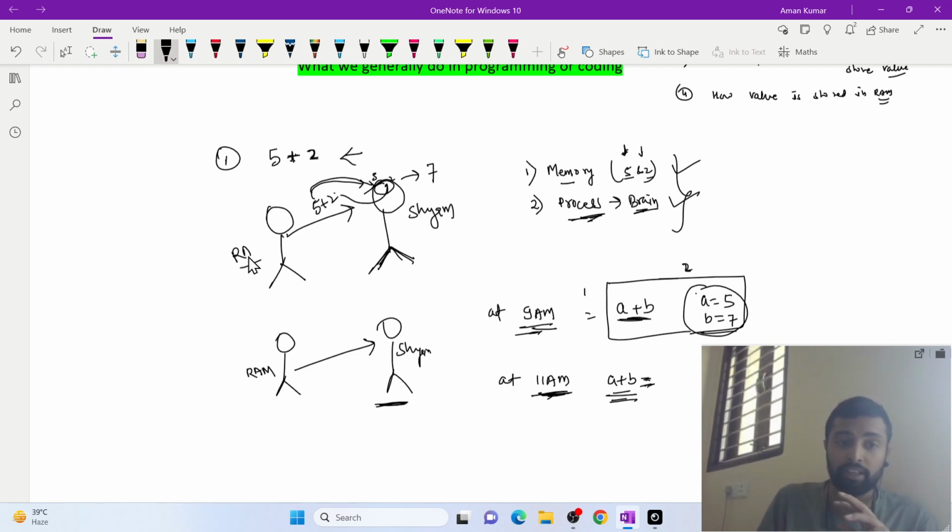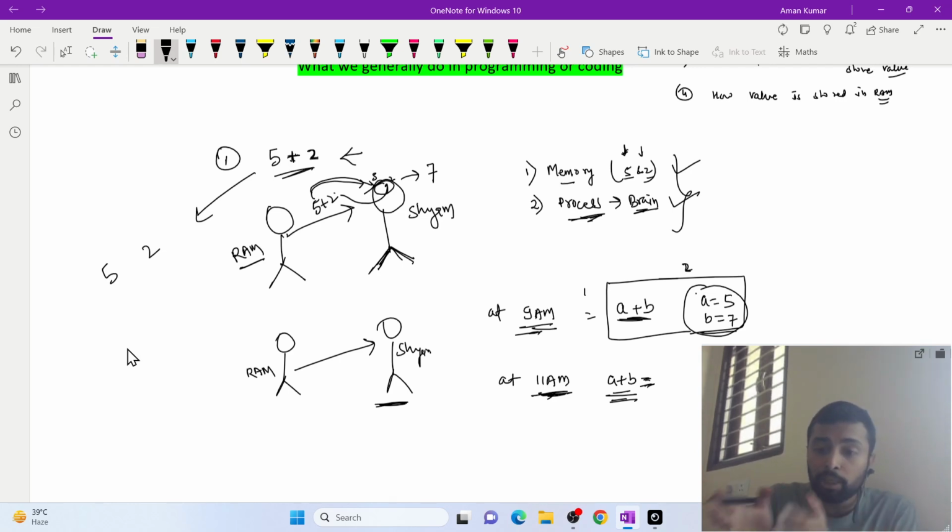Similarly, when you code, the computer has to perform this operation, 5 plus 2. To perform this operation, the computer also has to store these values somewhere, because the computer also goes through the same process as the human brain.